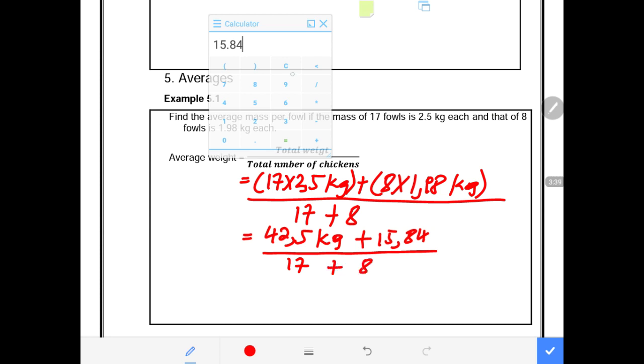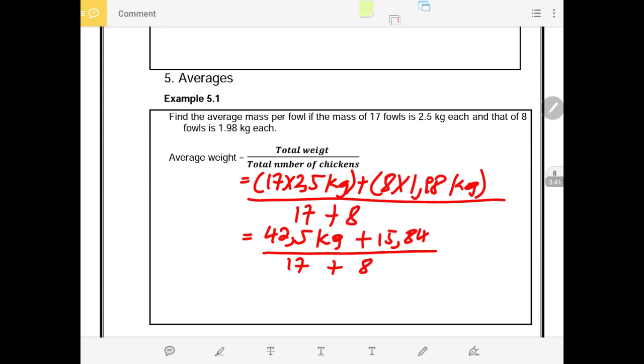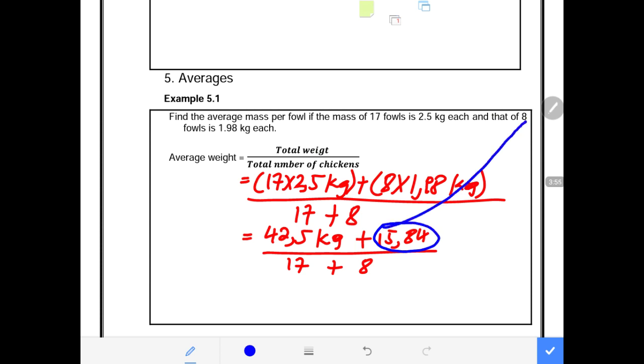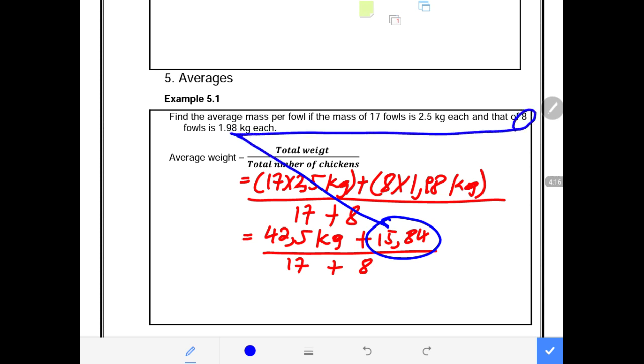I want to explain it in detail for some important reasons. Now you could be given the total weight for 8 chickens and be required to calculate the kgs. Or you could be given the total weight and the kgs, and you need to calculate the number of chickens.